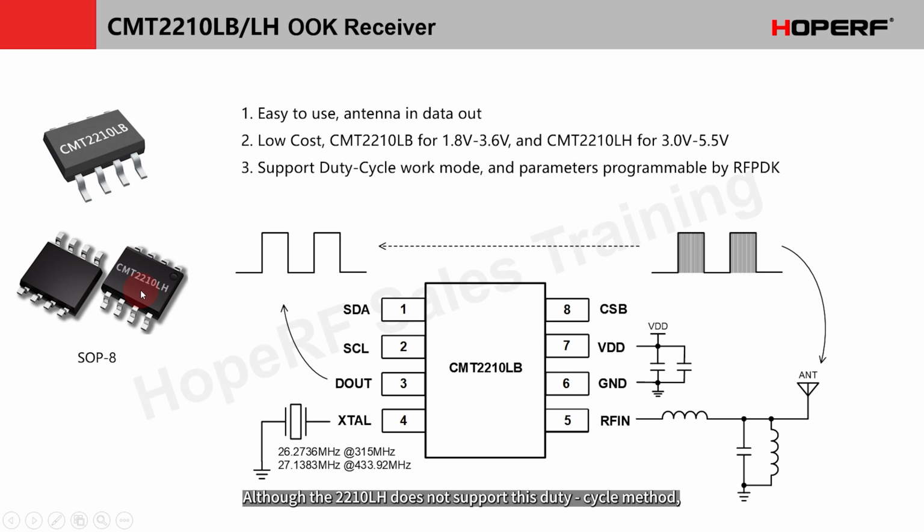Although the 2210LH does not support this duty cycle method, it can still be controlled by an external controller to control its power supply, achieving indirect duty cycle working mode.